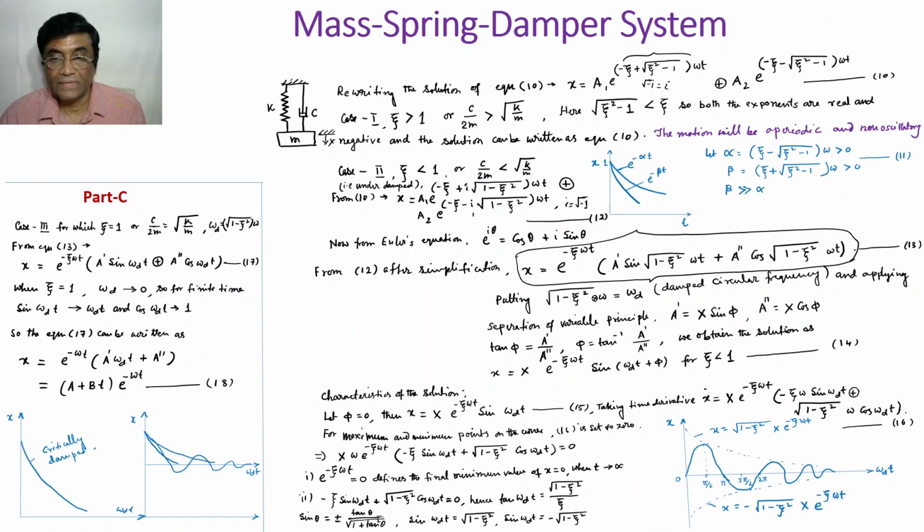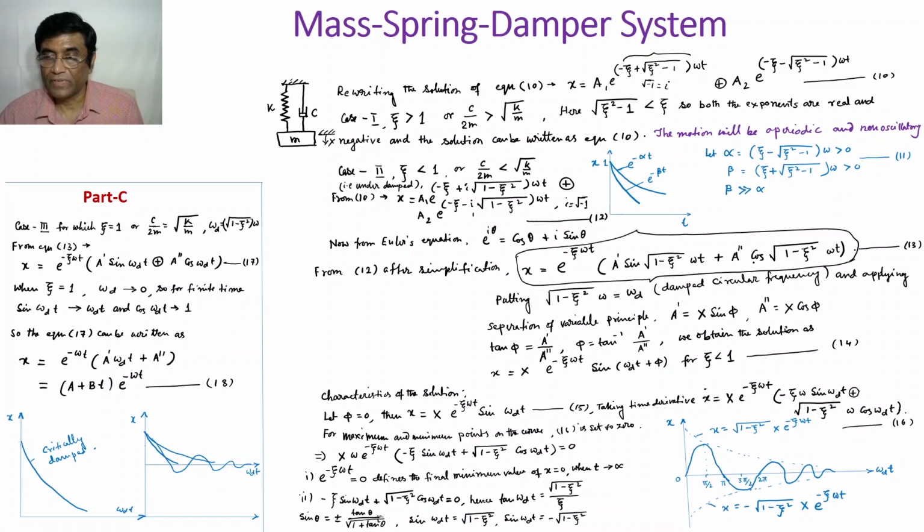And zeta is a fraction, 0.1, 0.2, 0.3, it varies from 0 to 1, so it will always be less than 1. So the frequency will always be damped, meaning it will decrease. So omega d is the damped circular frequency.